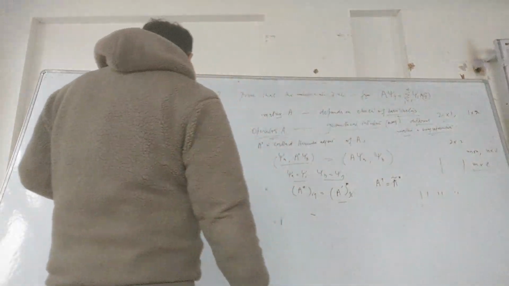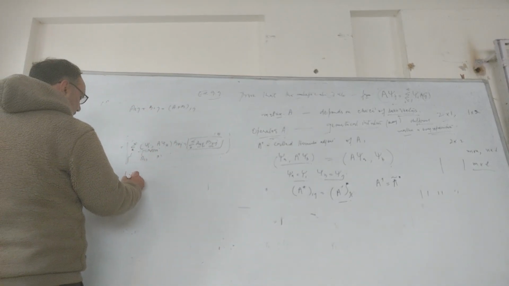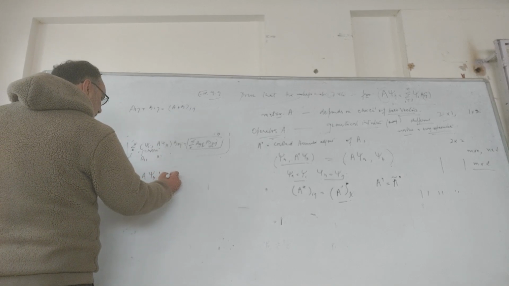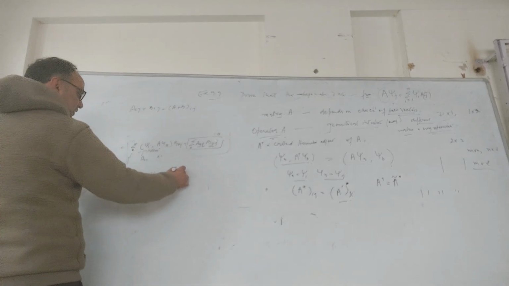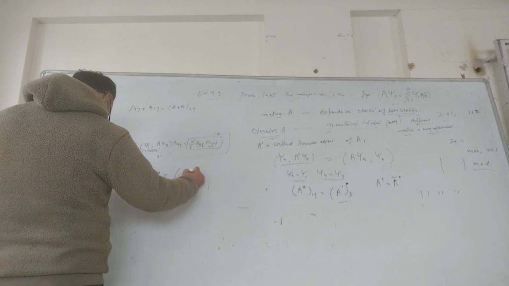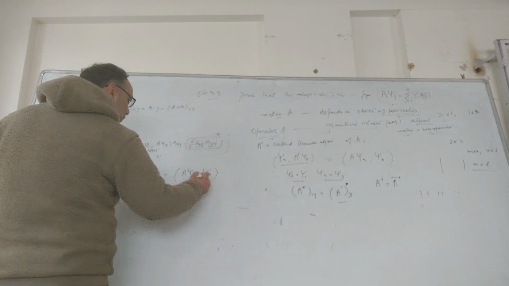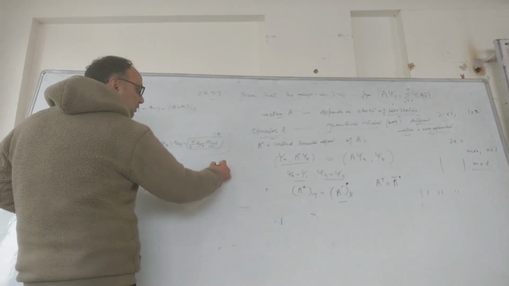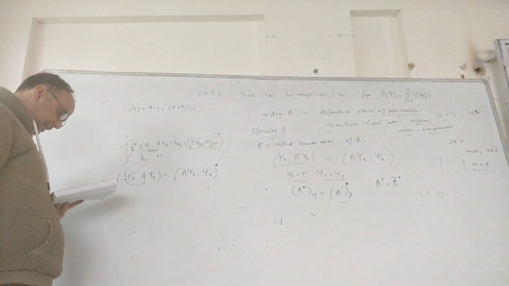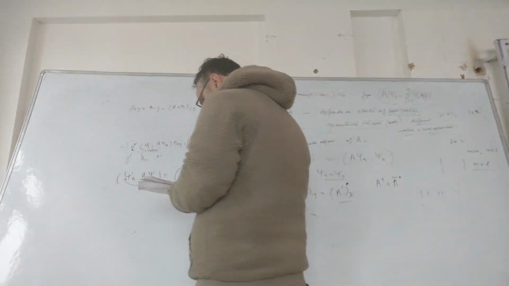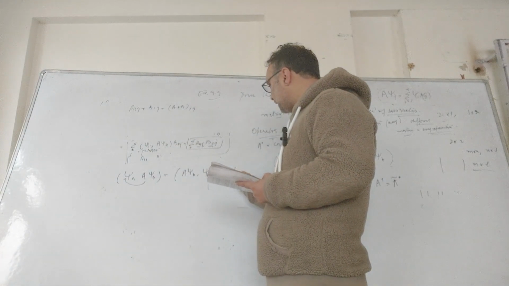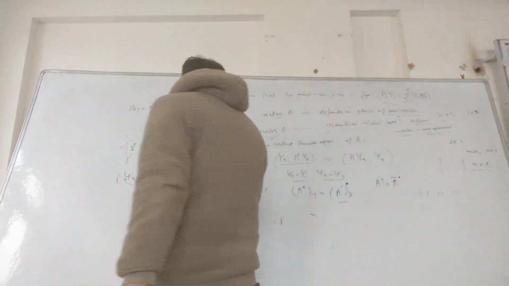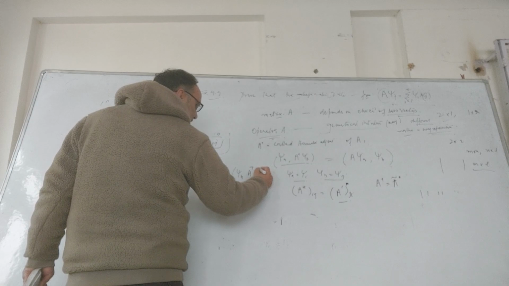In a general sense, psi of A psi of B equals the scalar times psi of B. If you flip it and bring the prefix here, it will become the complex conjugate. Again bringing it here, it will be A dagger psi of B.